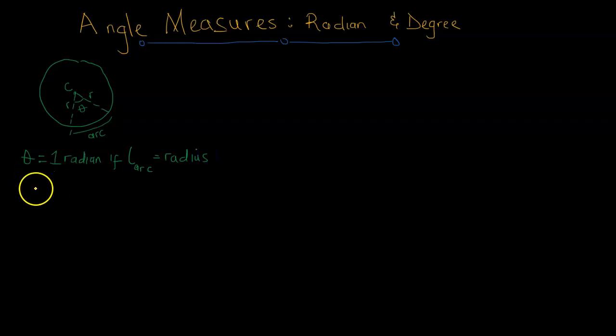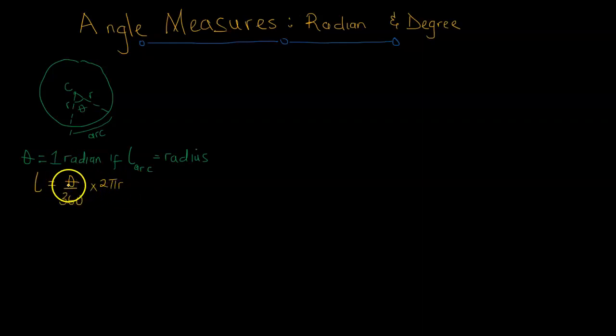And in one of our videos, we talked about the length of an arc. We know that the length of an arc is equal to theta over 360 times 2 pi r. This is where theta is in degrees.